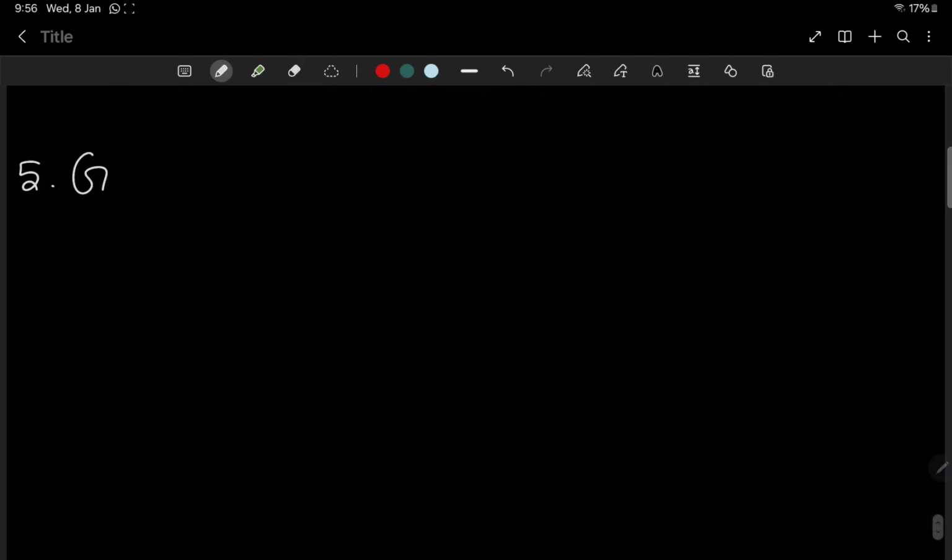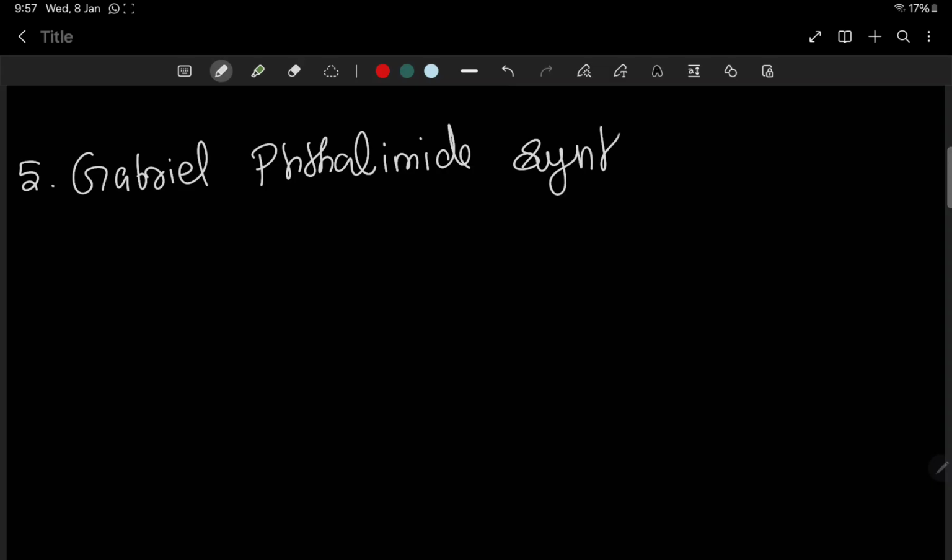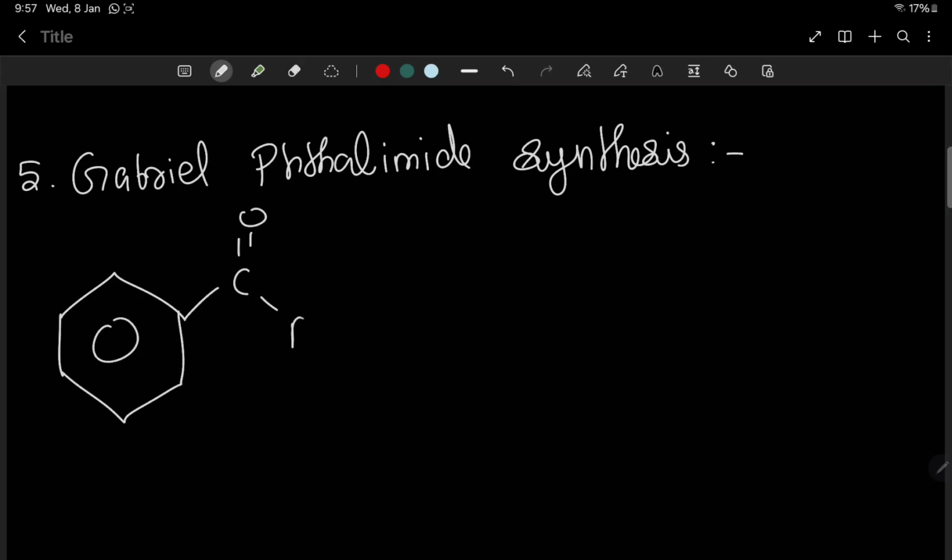Now the fifth one is an important named reaction, the Gabriel phthalimide synthesis. Preparation of phthalimide is given in your carboxylic acid chapter. I hope you have seen the same. What is phthalimide? This compound, with C=O and NH, is called phthalimide. Into this compound add KOH.